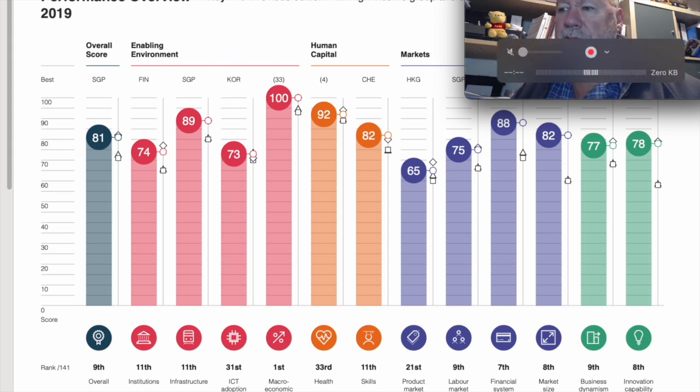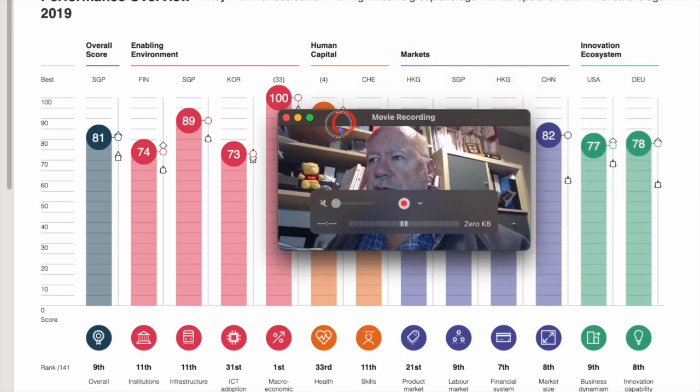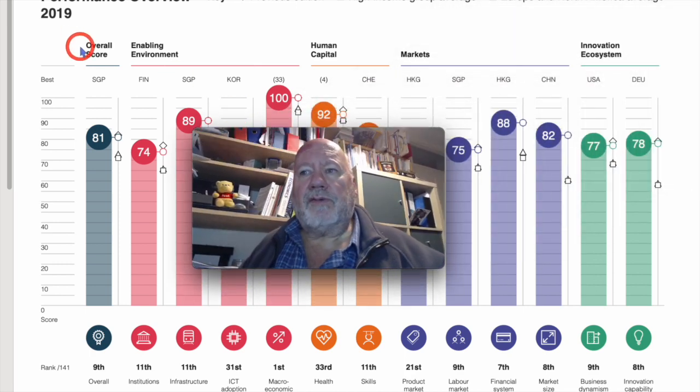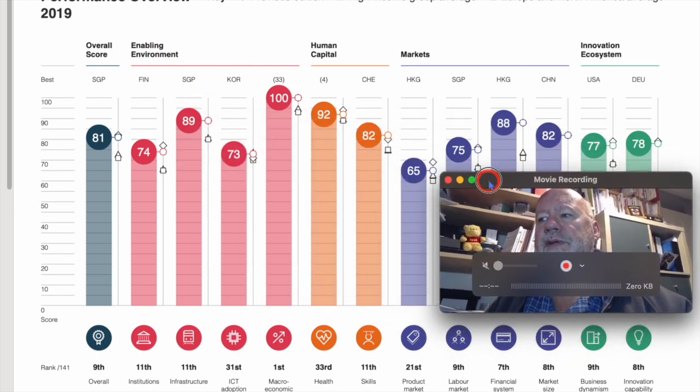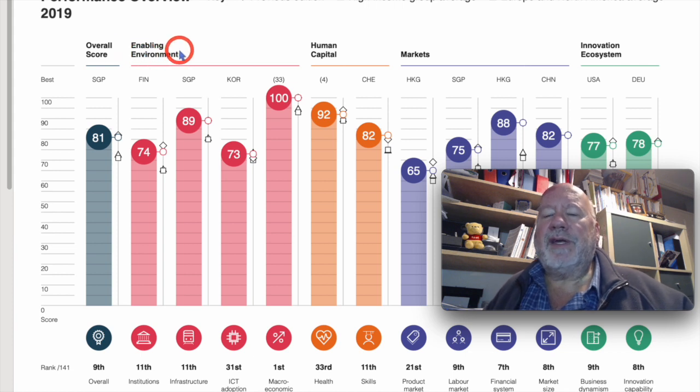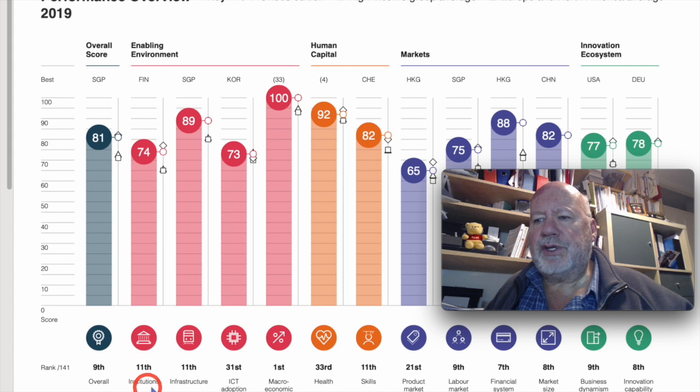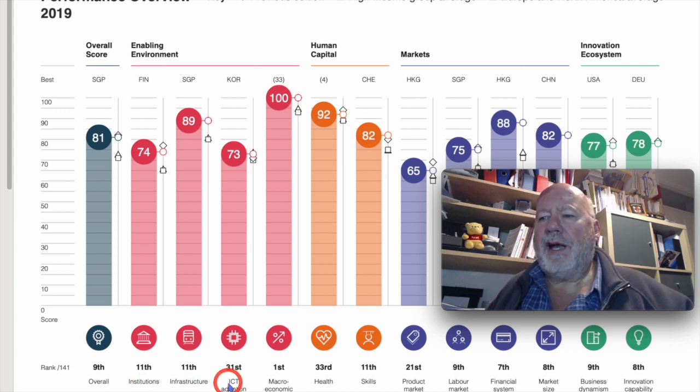But why I put this up is I wanted to show you that there is an overall score, but also they question how enabling the environment is for firms, etc. So what about institutions and infrastructure, and the adoption of ICT?